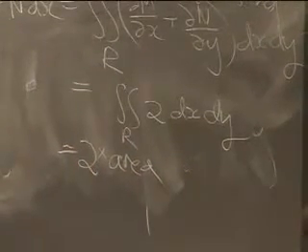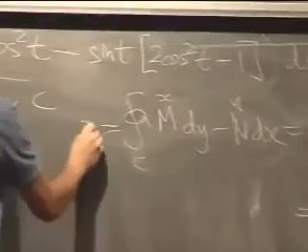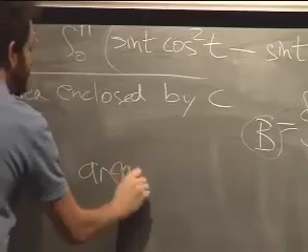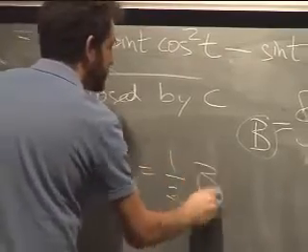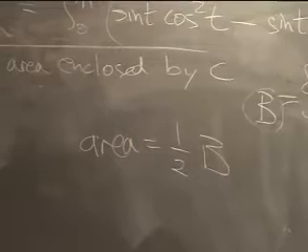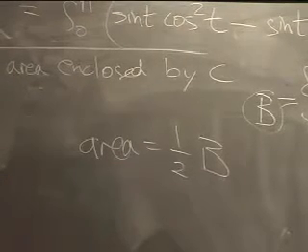But the left side you just computed as B. So twice the area is B, so the area is half of B, whatever B turned out to be. I think it might be 4 pi, if I remember correctly, and so the area was 2 pi. But maybe I'm wrong.